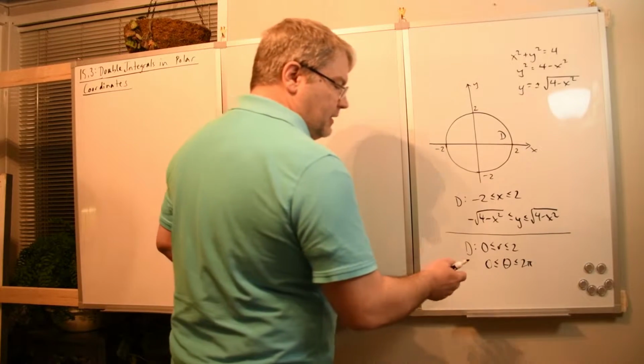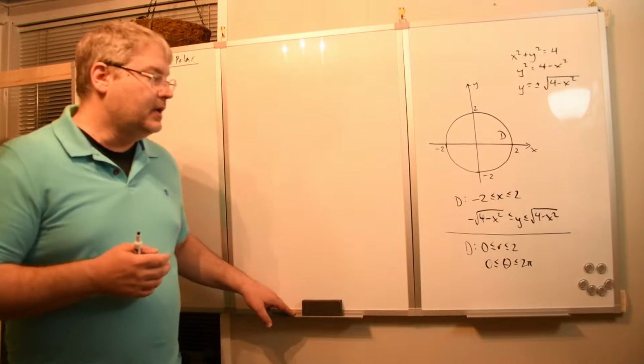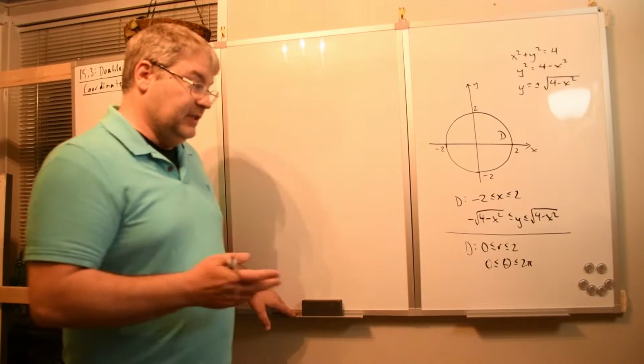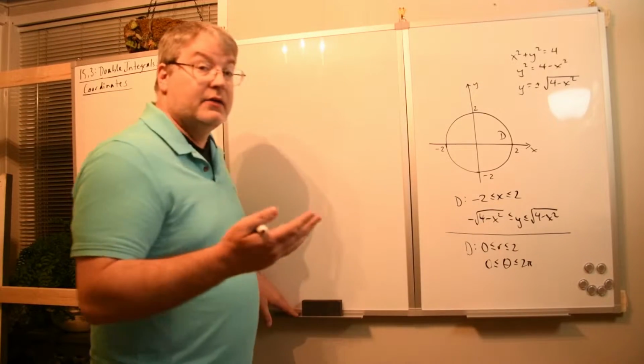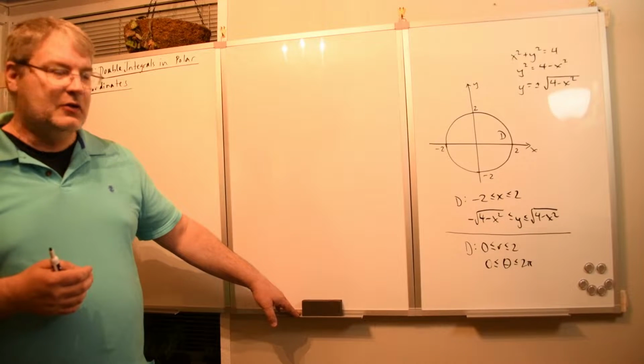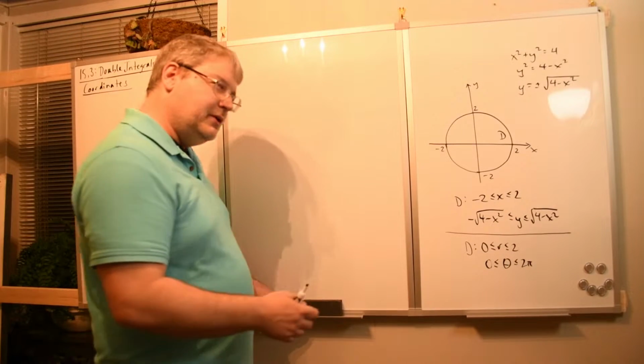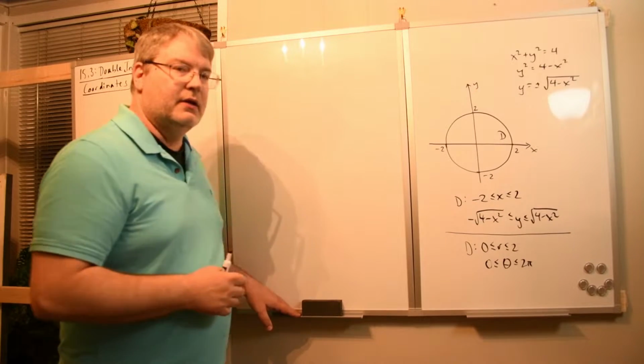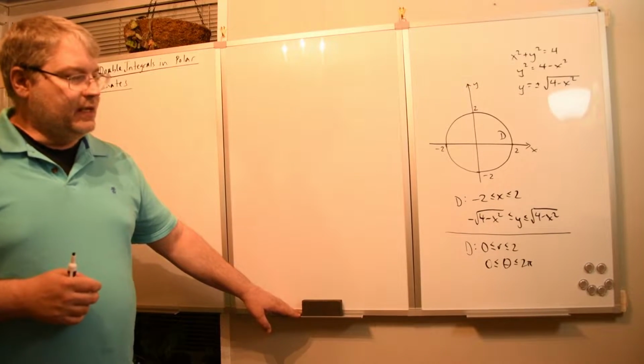And so when you take a look at integrating, let's say with respect to r and theta, limits of integration are really nice. They're all constant. And so that could lead us to some really fortunate circumstances with integration that we wouldn't quite get if we're using rectangular coordinates.